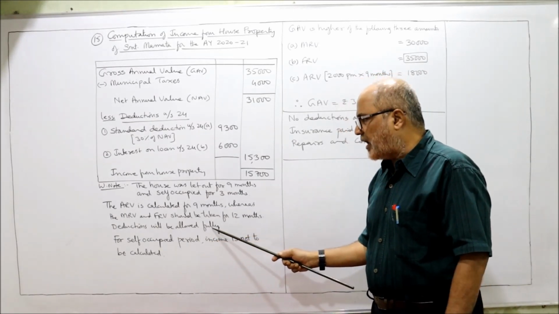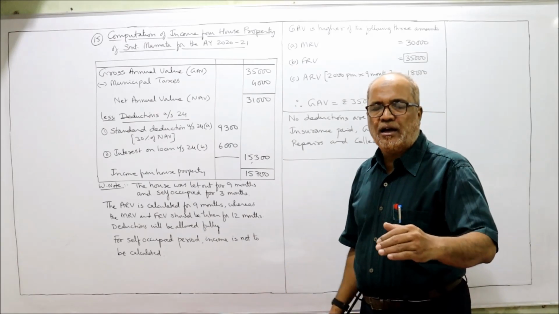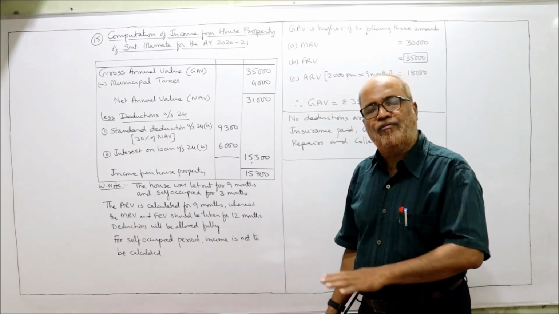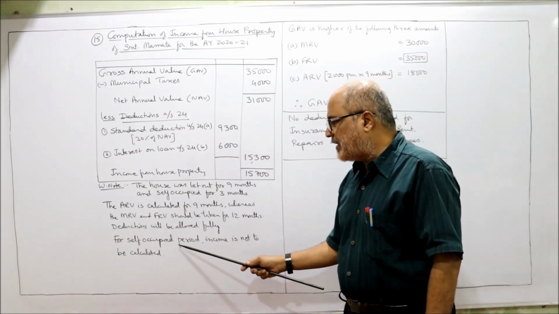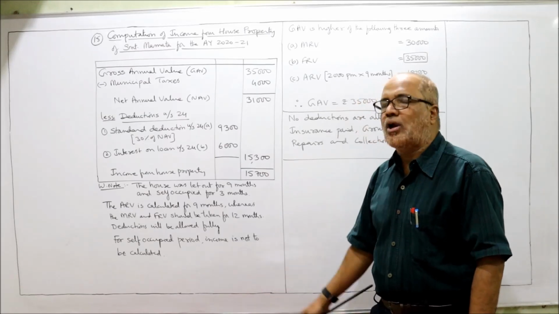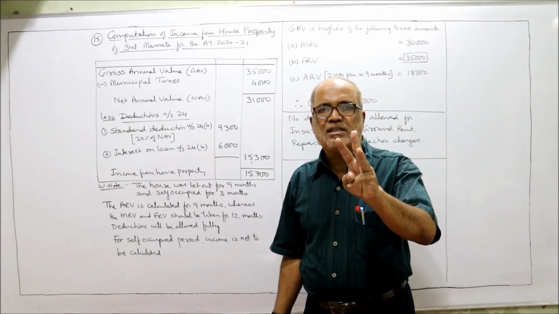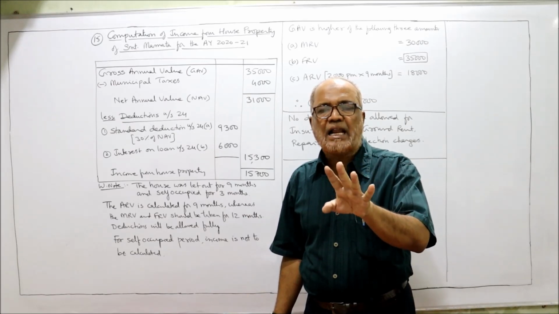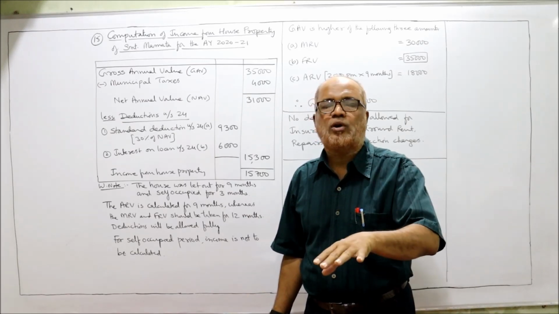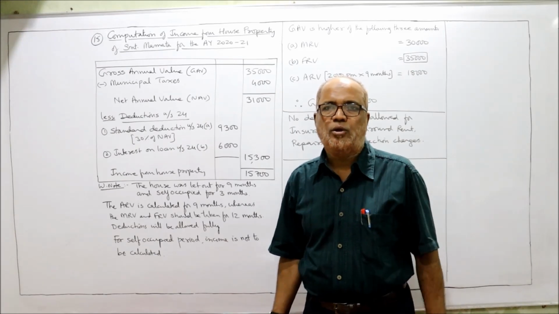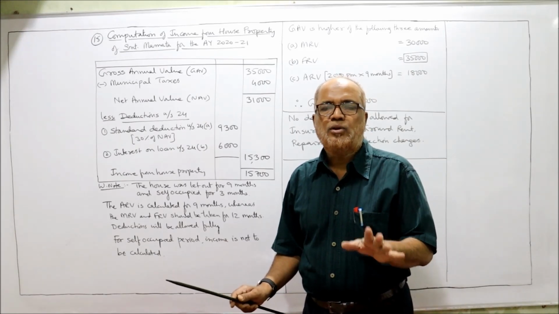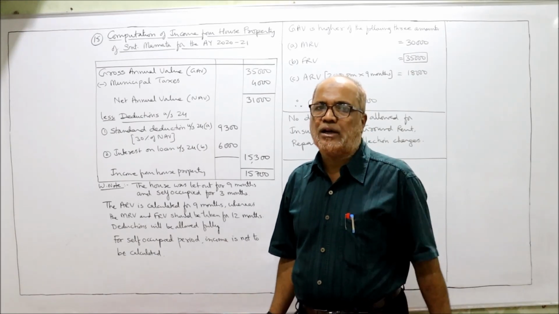Then deductions will be allowed fully, like municipal taxes, interest on loan, fully allowed as deduction. For self-occupied period, income is not to be computed. Self-occupied period is 3 months. So you should not calculate the income from self-occupied period of 3 months. No need to calculate. So directly we'll calculate for the let out period.